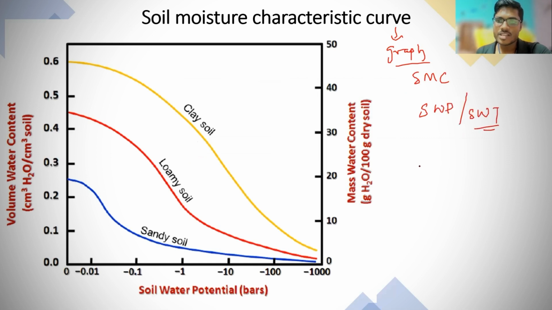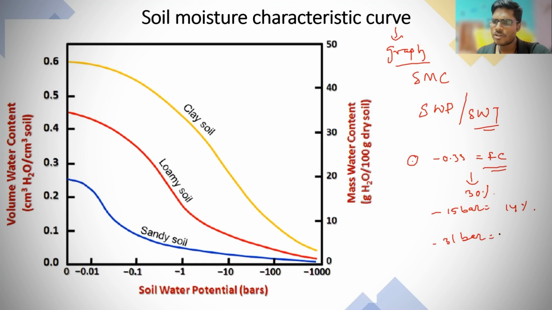For example, a soil is there, and at a potential of -0.33 bar, that is at field capacity, the soil moisture content is 30%. But at permanent wilting point, that is at -15 bar, the soil moisture content is 14%. For example, at -31 bar, soil moisture content is 5%.